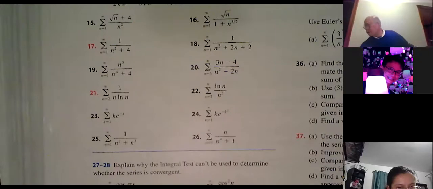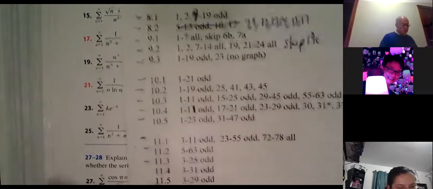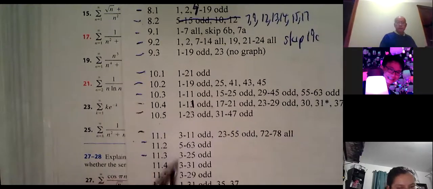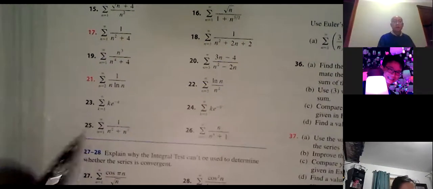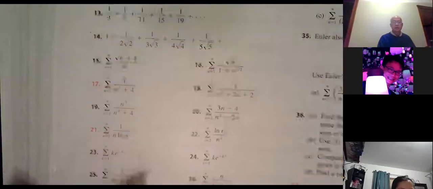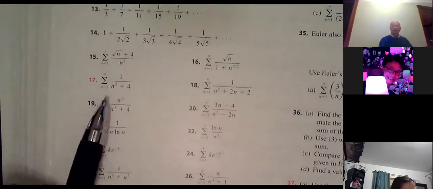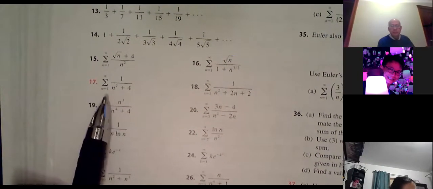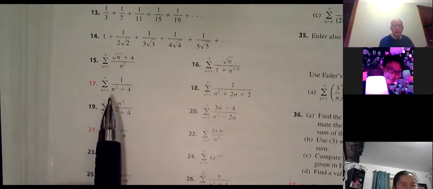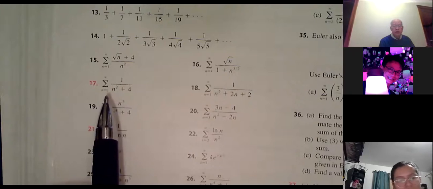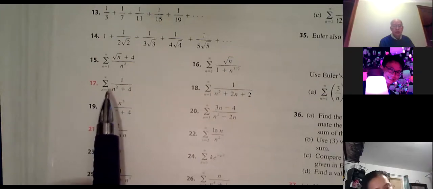How far do we have to go up to again? Just up to 25. Okay, so I'll just make some notes about this. For 17, you can integrate that, so integral test. You probably want to compare it to 1 plus something squared, factor out the 4.